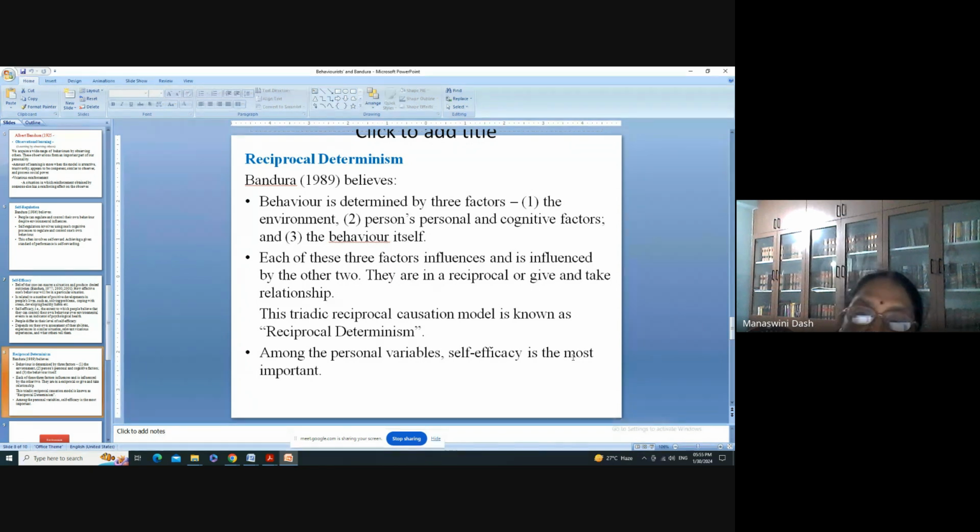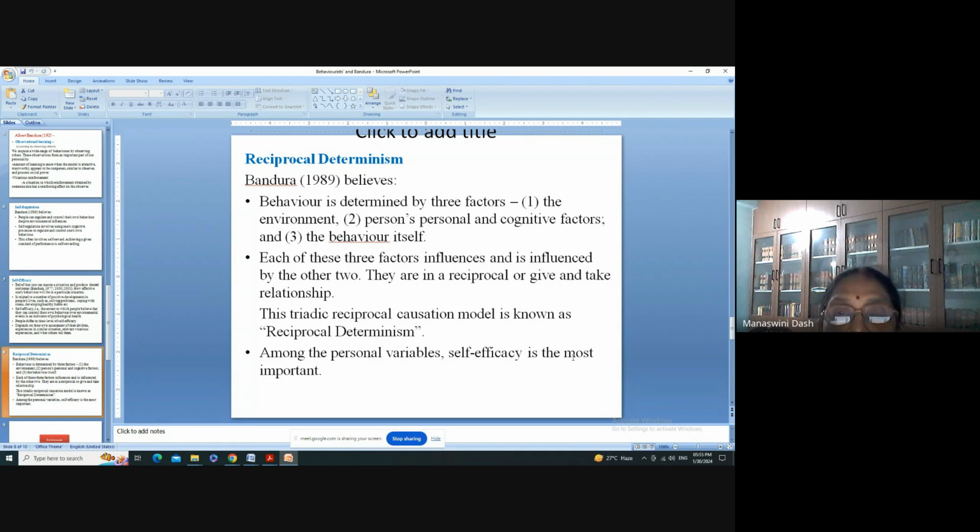That is the second factor, your personal belief. And your behavior is that suppose you start singing, so due to your belief that you can change the class environment, you started singing.